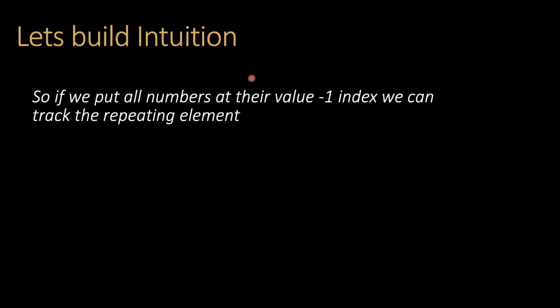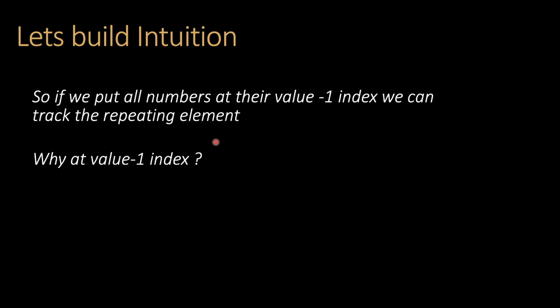So how should we solve it now? If we put all the numbers at the value minus 1 index, we can track the repeating element. How? Why are we putting at the value minus 1 index? We are using the fact that all the numbers lie between 1 to n.